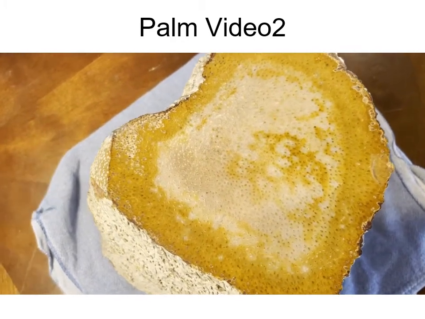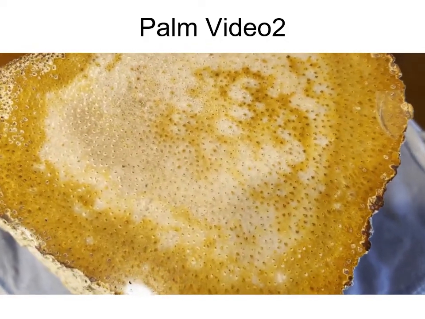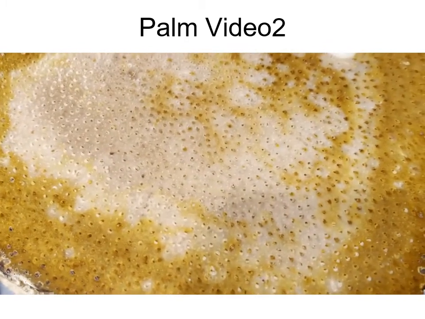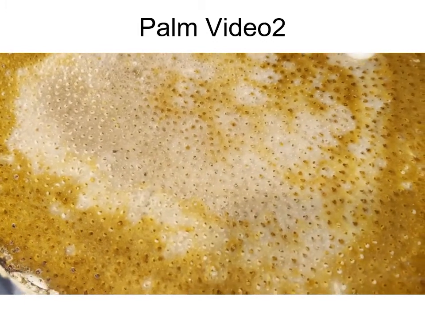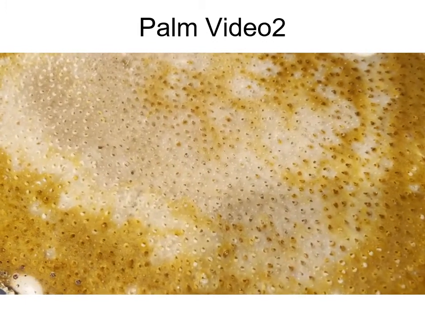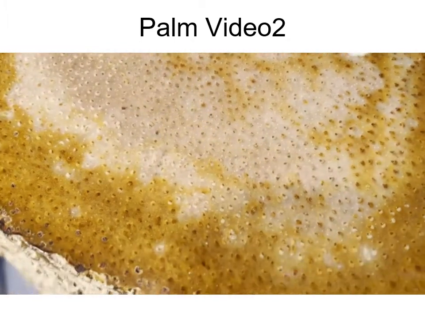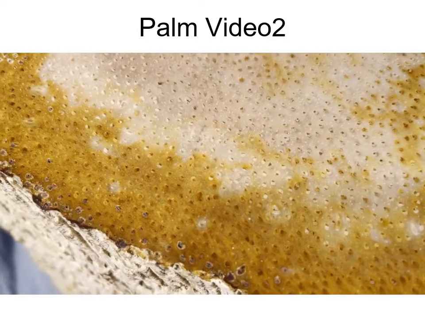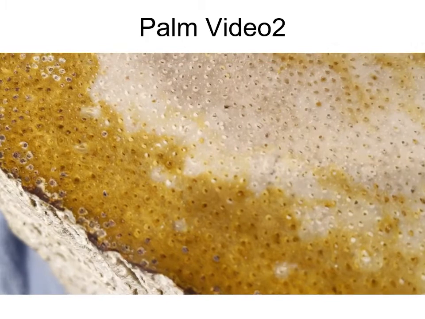And if we get closer, you can already see those vascular bundles. But unlike the previous one, as we get closer to these, you can start seeing things inside of those vascular bundles. You see these like dots inside the vascular bundles. That is the typical appearance of a palm vascular bundle.